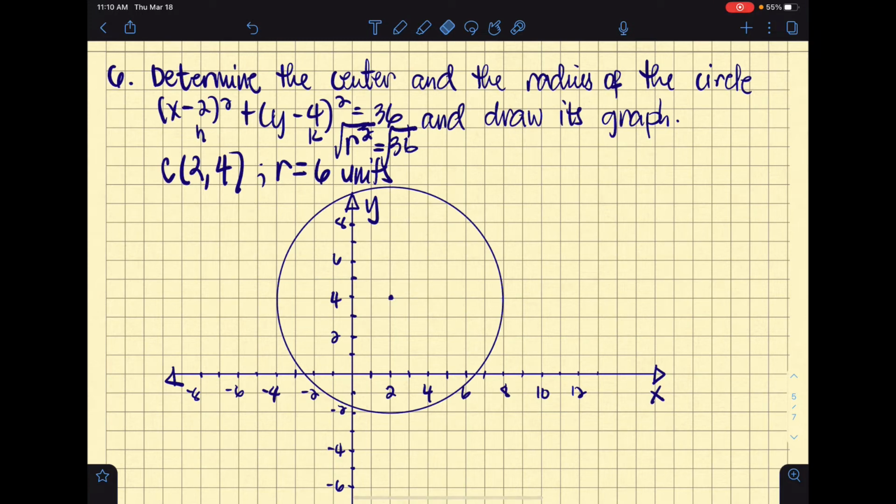So, I'll just get rid of that one. So, this is our circle whose center is at 2, 4 and the radius is 6 units. And the equation in standard form is x minus 2 squared plus y minus 4 squared equals 36.